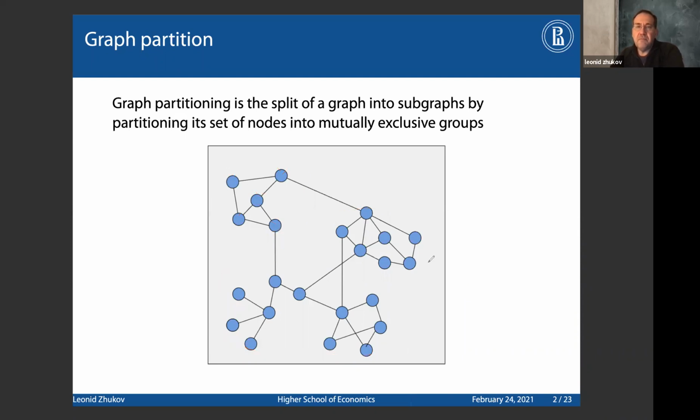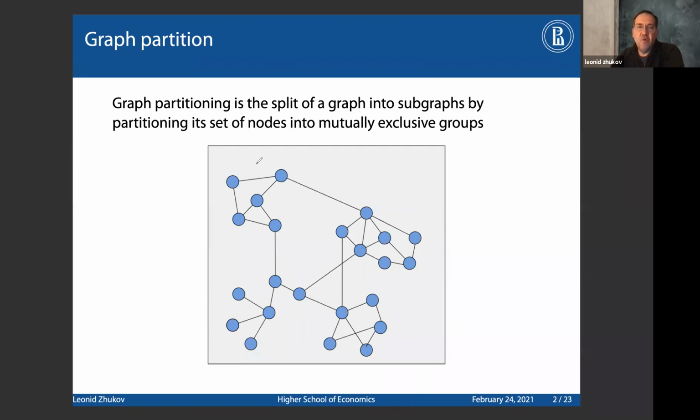Or I can say, okay, these are the nodes for one group, right? Say the rest is for another group. And then this is one non-overlapping set, and this is another non-overlapping set.